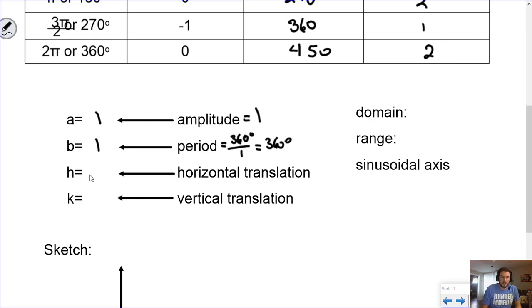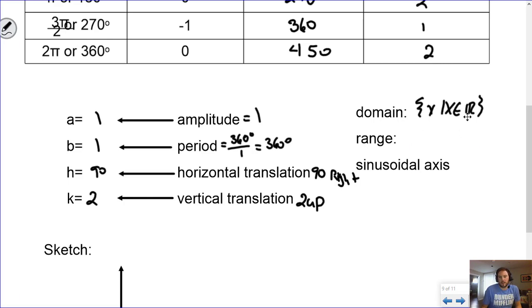Our horizontal translation, so here my h value was 90. It was positive 90, so it's 90 to the right. And my vertical translation was 2, and again it was positive 2, so it's 2 units up. Okay, my domain for these graphs is always going to be x, such that x is an element of the real numbers, right?